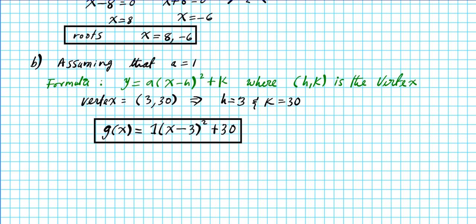So all we have to look at here is the vertex. Okay, we'll look at the vertices of the two quadratics, and then we can determine how to move from f to g. So let's write down the steps. Step number 1 is to express both functions in vertex form.